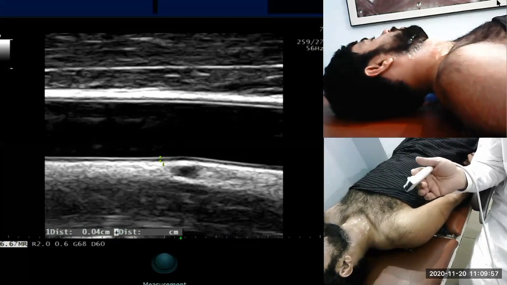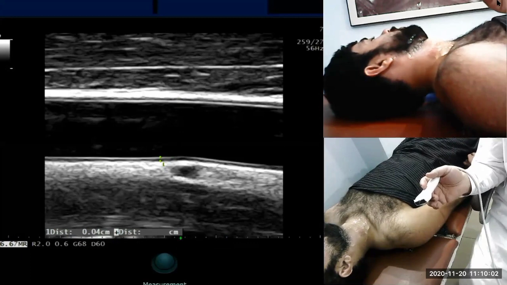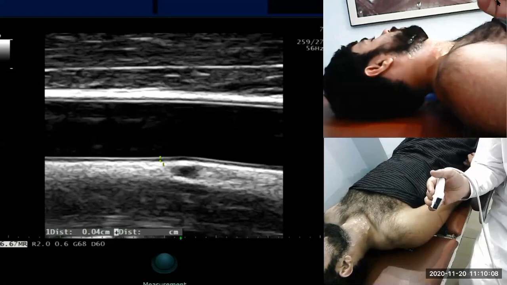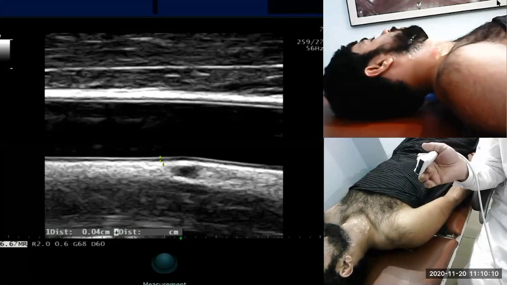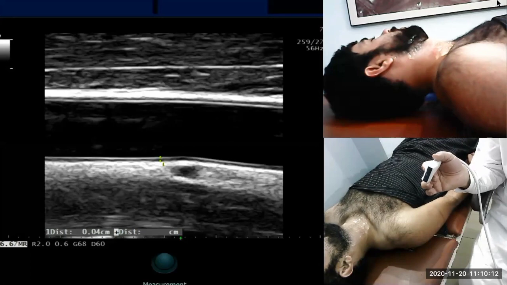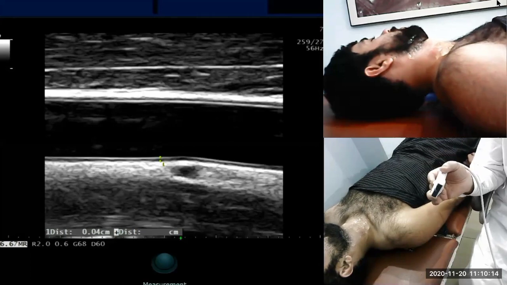Normally in middle age we will find it in Pakistani patients 0.6 millimeter to 0.7 millimeter.